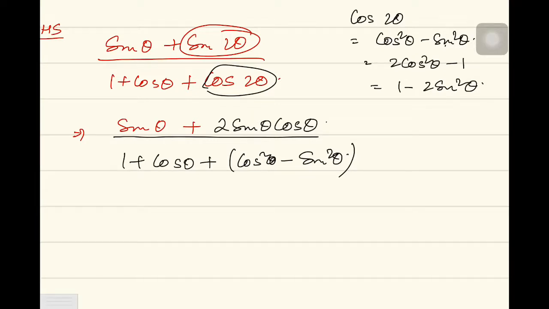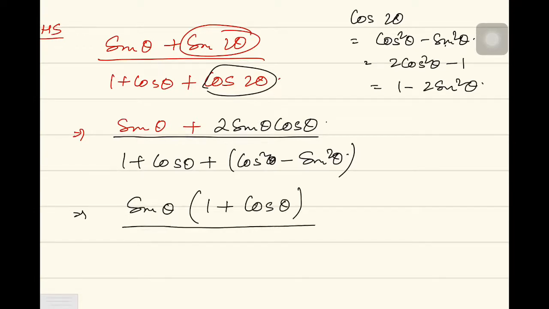Okay, so now what I can do here is take sine theta common in the numerator. So sine theta, and I have 1 plus cos theta, correct, divided by 1 plus cos theta. Check this out. Plus, now here I'll have to replace sine square by cos, so cos square theta minus, 1 minus cos square theta.